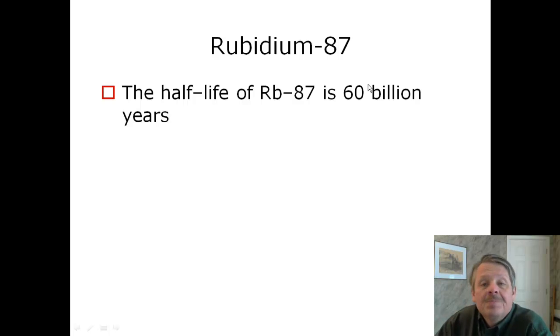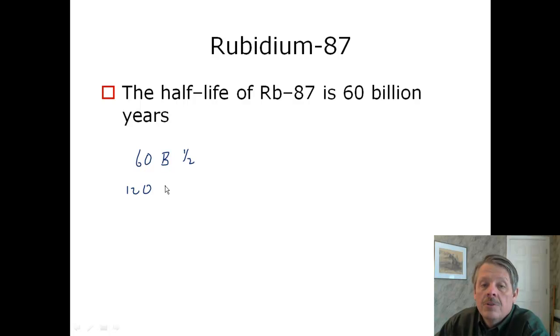All right, let's look at just an example. We have rubidium-87, and we note the half-life is 60 billion years. So the question is, how much is left after a given period of time? Well, after 60 billion years, you're only going to have half of it left.